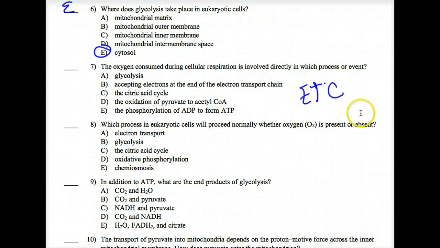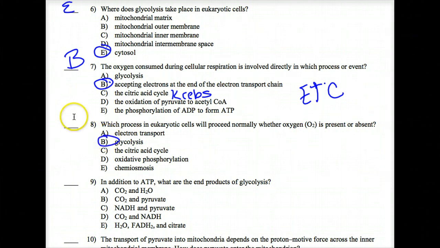The oxygen is at the end of the electron transport chain, and you remember its role was to accept the electrons at the end of the chain. Just so you know, the citric acid cycle is the Krebs cycle. It's the same thing. You don't oxidize pyruvate. There's no oxygen with the pyruvate, right? So this is B.